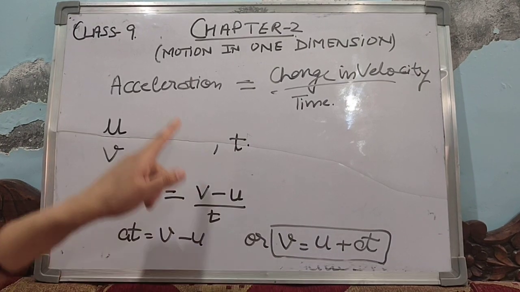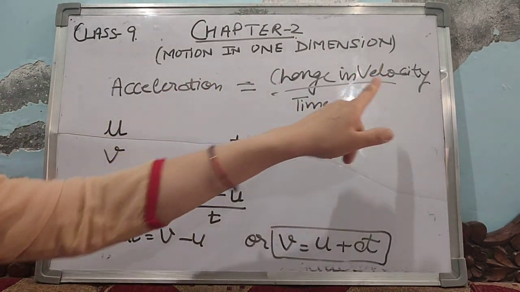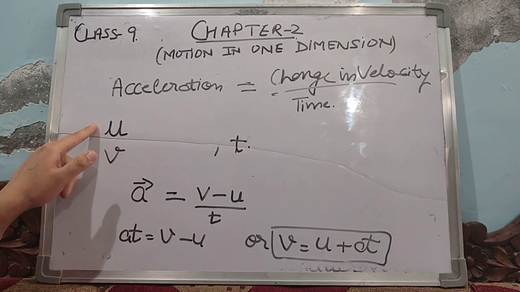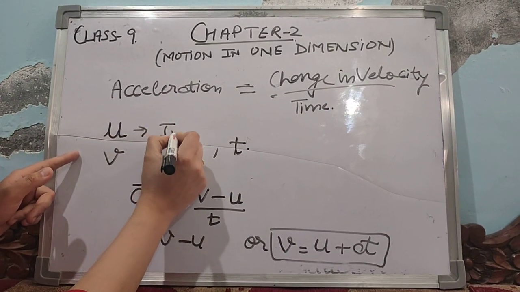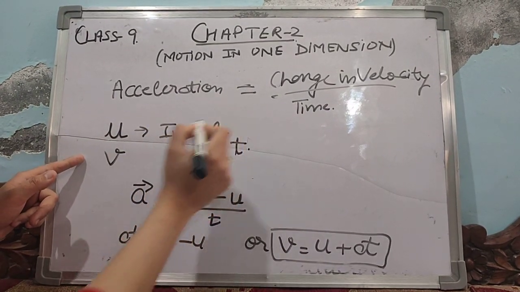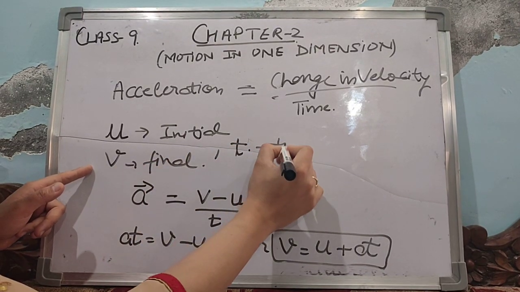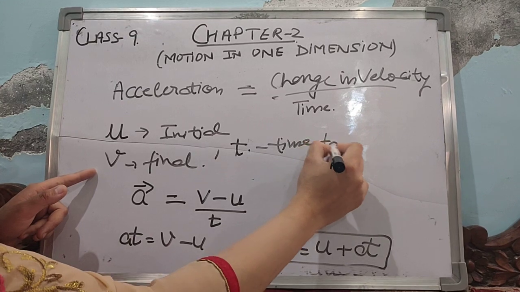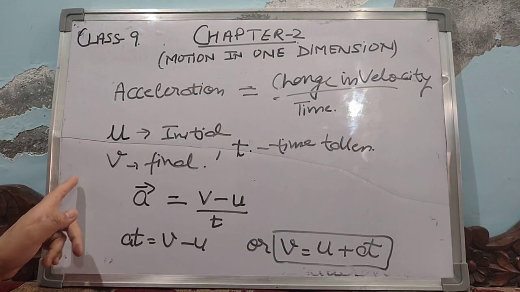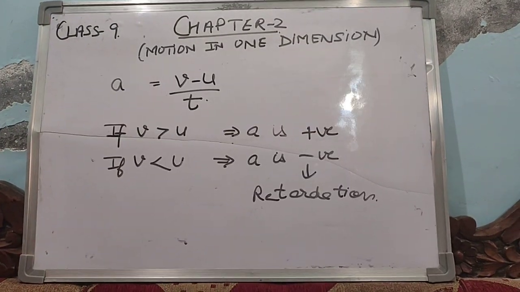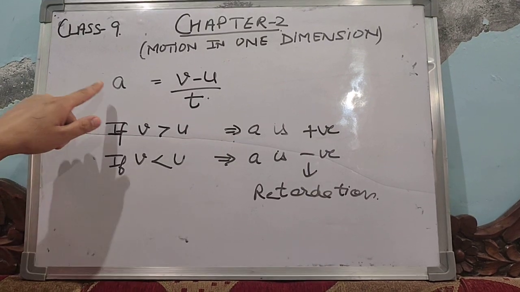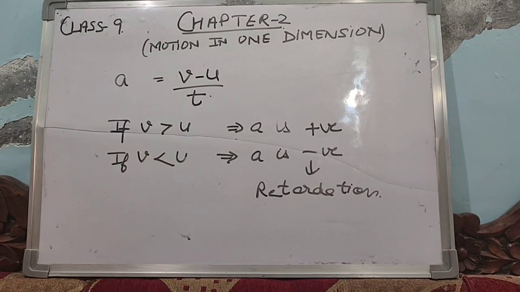Again, I am repeating, acceleration is change in velocity upon time. u is your initial velocity, v is the final velocity of a body, and t is the time taken. From the given equation, a is equal to v minus u upon t.